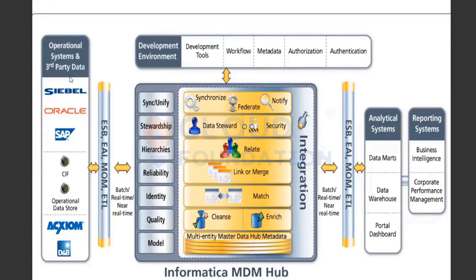IBM MDM is behind it. Then there are lots and lots of others. Each MDM has its own speciality and its own utilization. According to the requirement, we use the MDM tool that will be beneficial for the customer. That's how the MDM journey basically started.